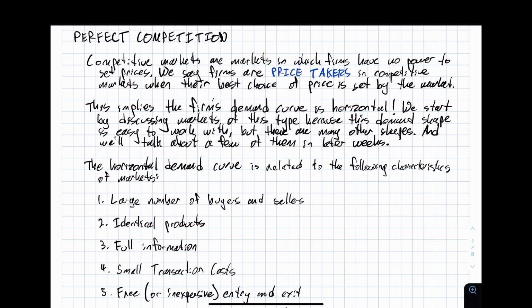The idea with perfect competition is that firms are price takers, which basically means they have no control over what the price is. Of course, a firm can charge whatever they want, but if they're actually going to sell at the highest possible price, that price is given to them by the market.